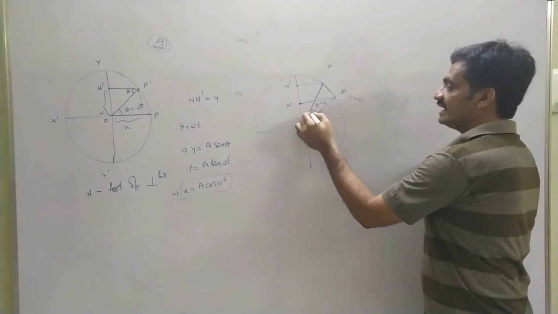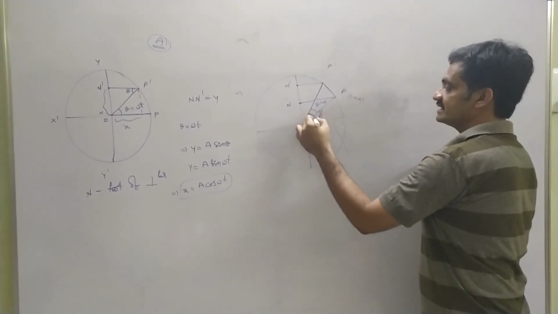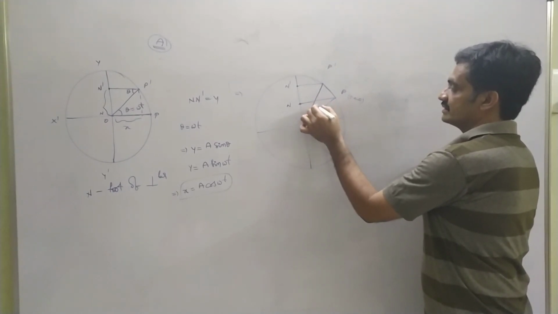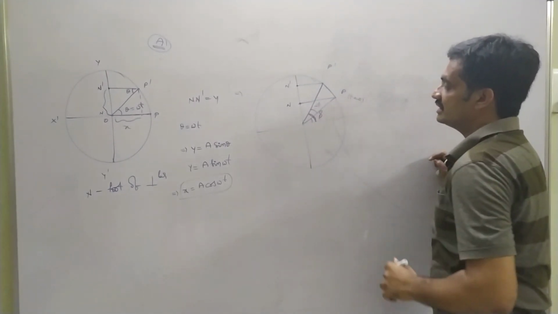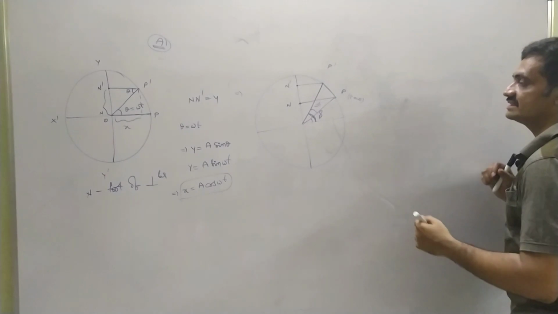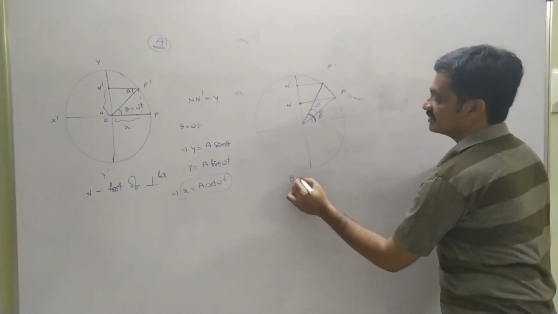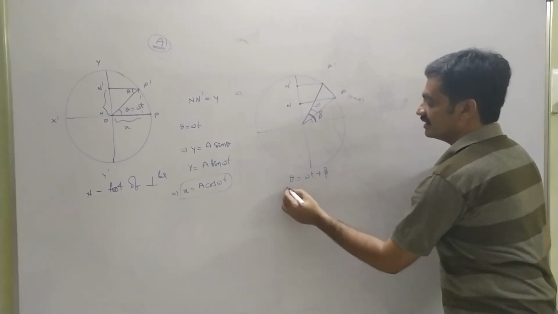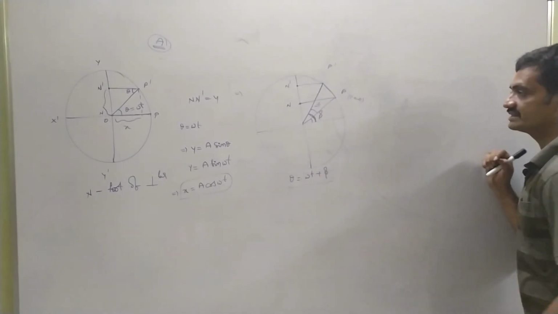The total angle with respect to the x-axis can be represented as theta equals omega t plus phi, where phi is the initial phase.